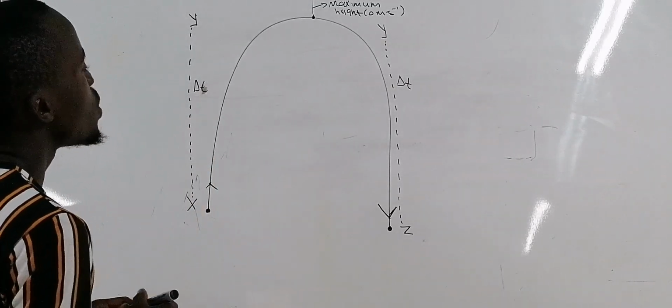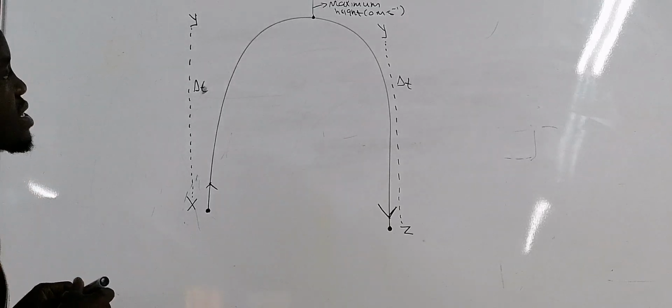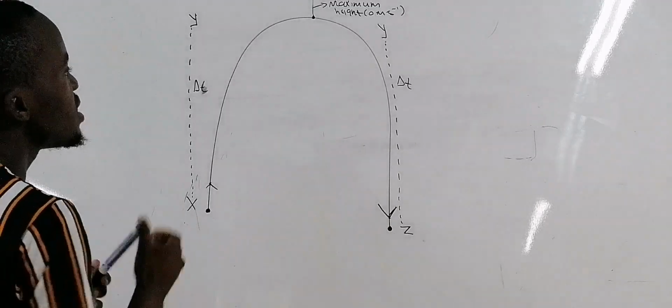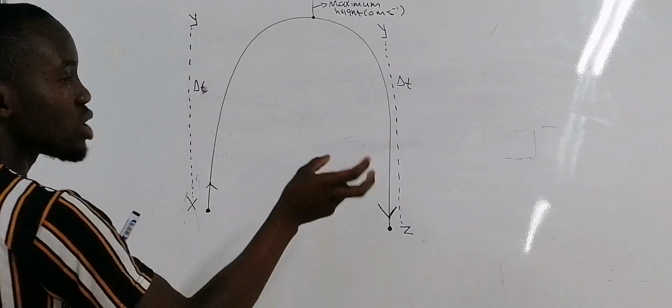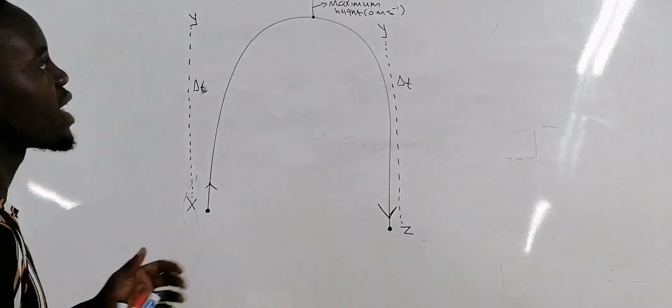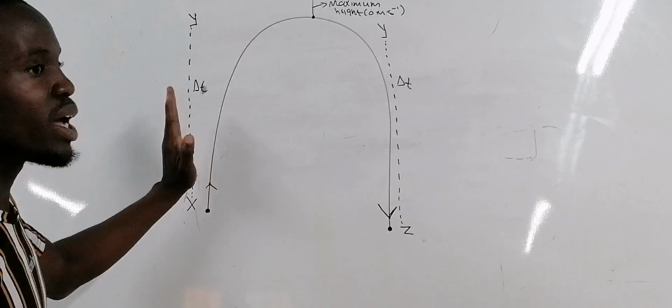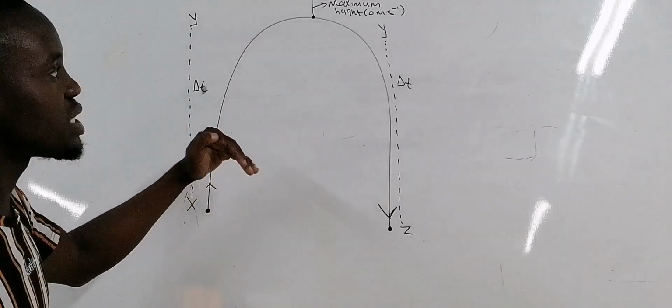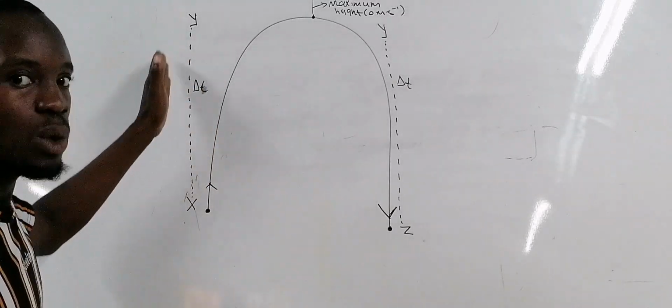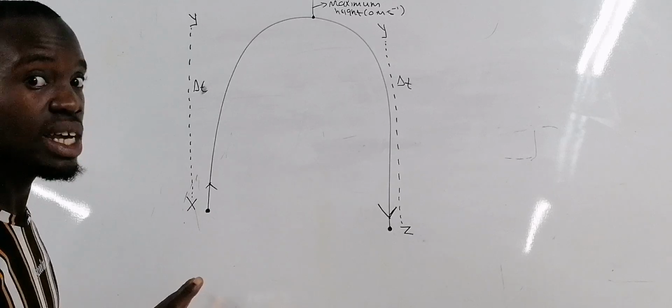Okay, now we talk about something else known as the change in y. Since the object is going up, remember, if you go back, we talked about choosing the direction. We say that when the object is going up, knowing that we took up as positive, everything will be positive except the acceleration.